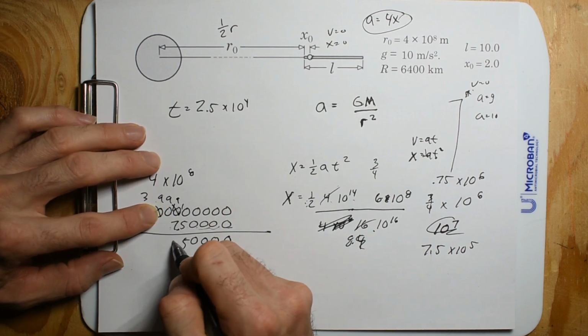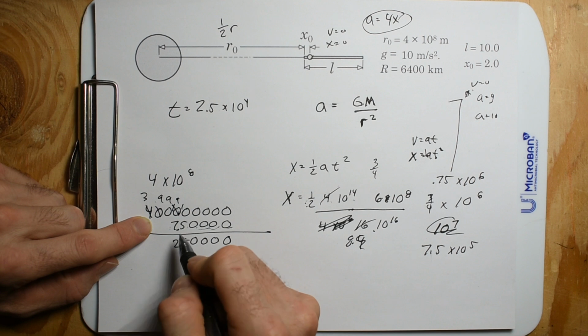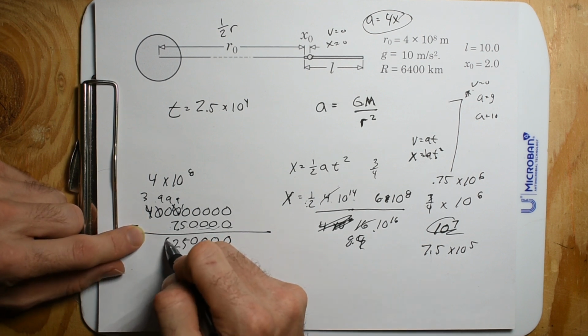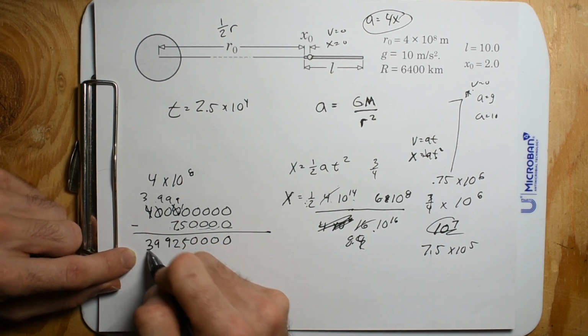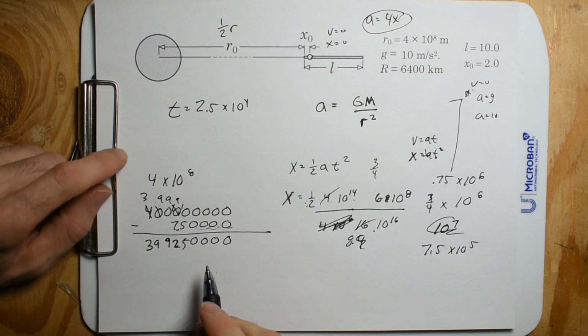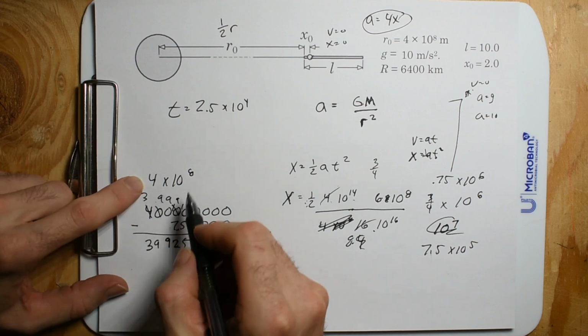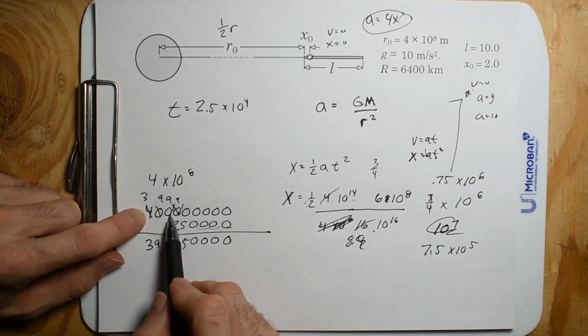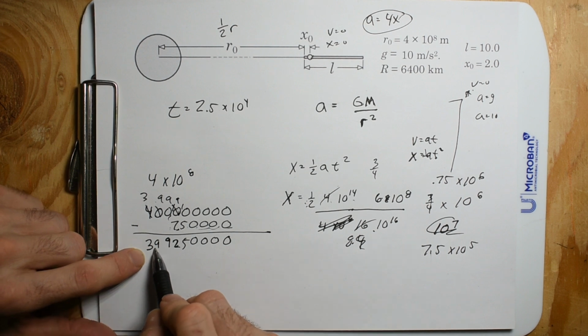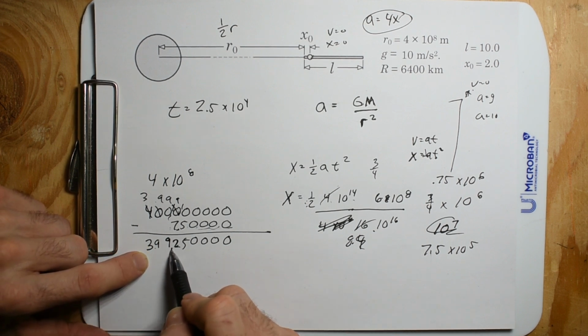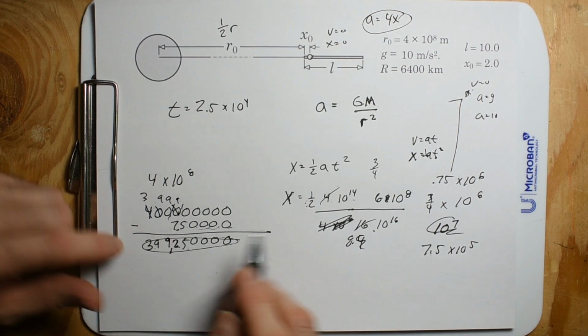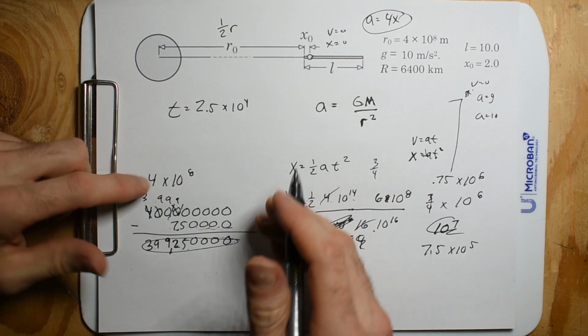There we go. 5, 2, and then 9, 9, 3. So, you know what I mean? It went from 400 million to 399.25. So it's something, but it's definitely not half.